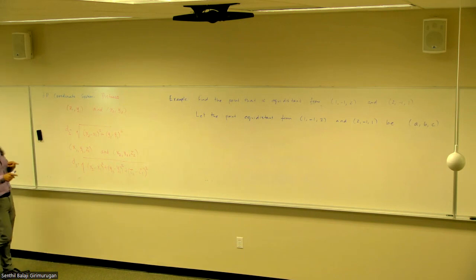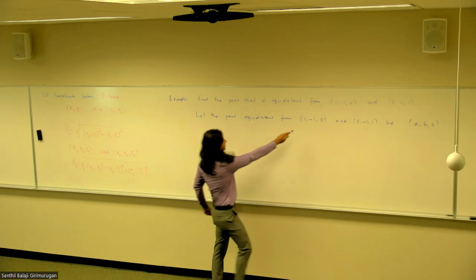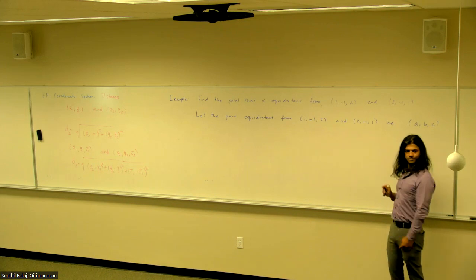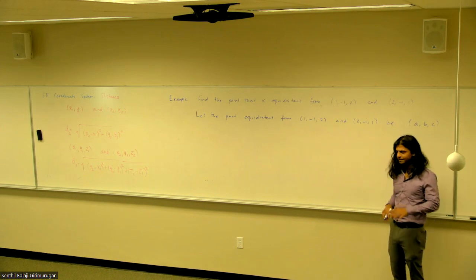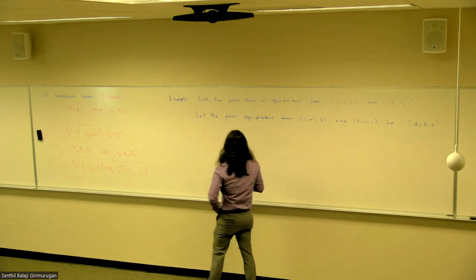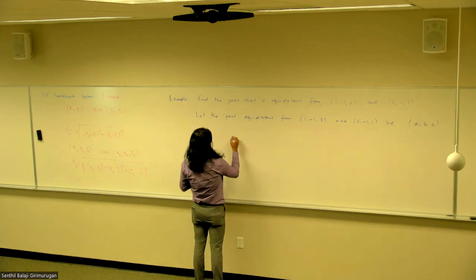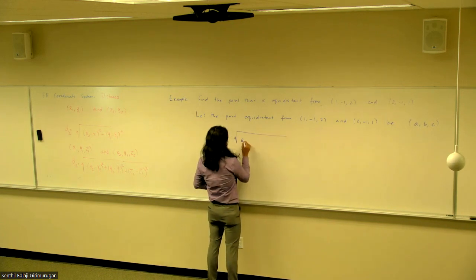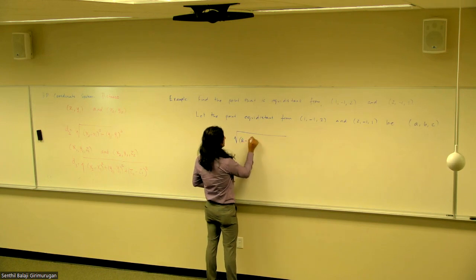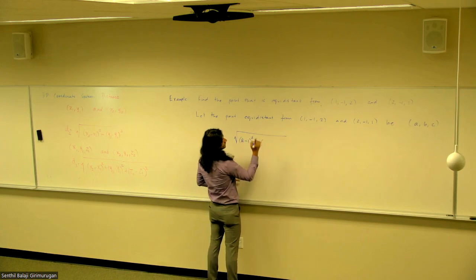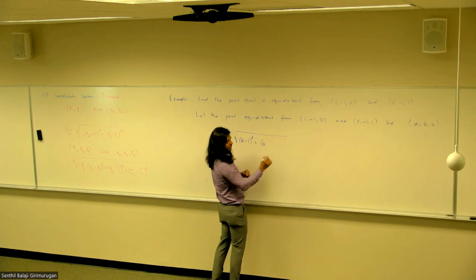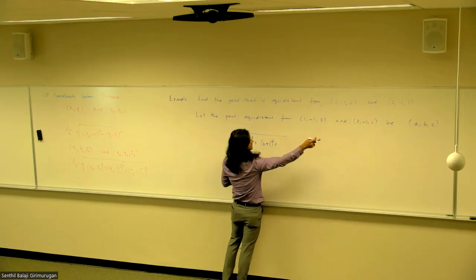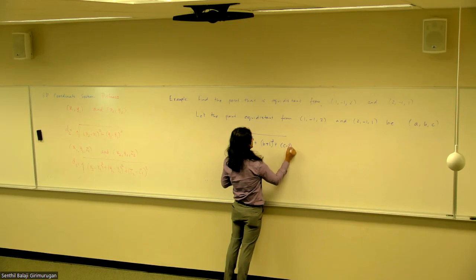Distance formula. If I find the distance between that and that, I can set it equal to those two. The distance, they have to be the same. So: A minus 1 squared, plus B minus of -1, plus 1 squared, plus C minus 2 squared.